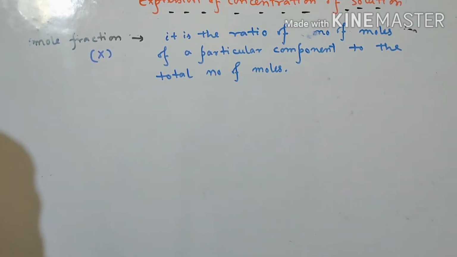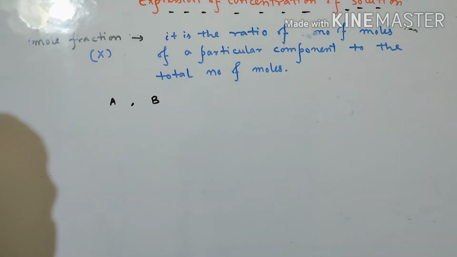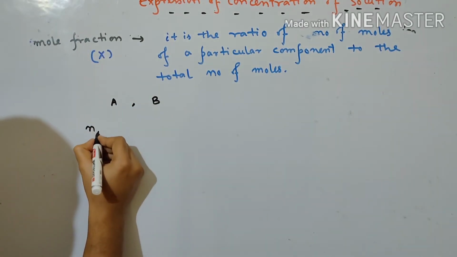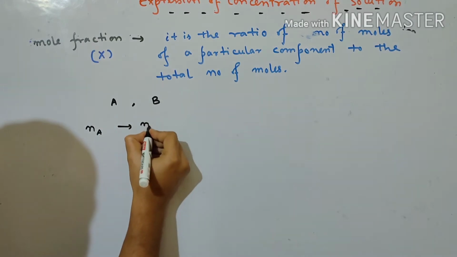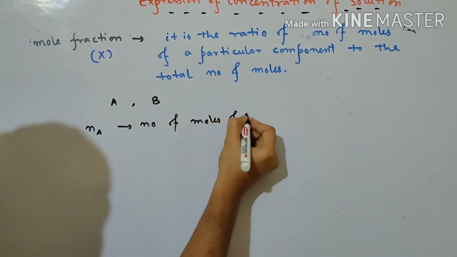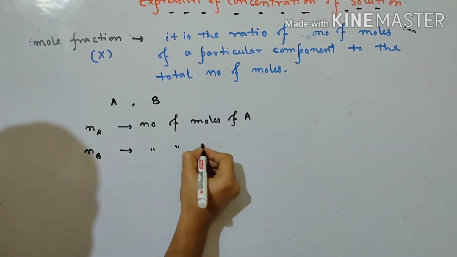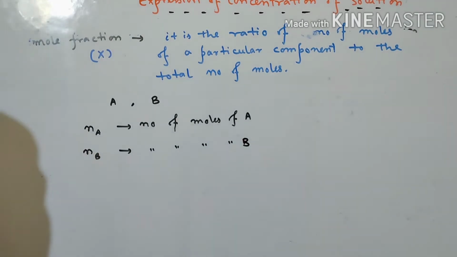How will we write it? For that, here also, I will take this case. Suppose components are A and B. There are two components. So Na is the number of moles of A, Nb is the number of moles of B.